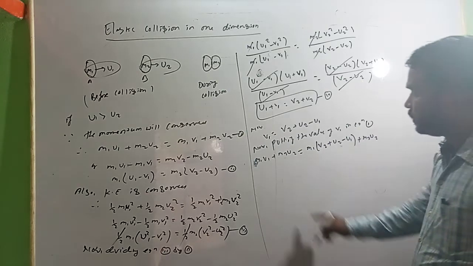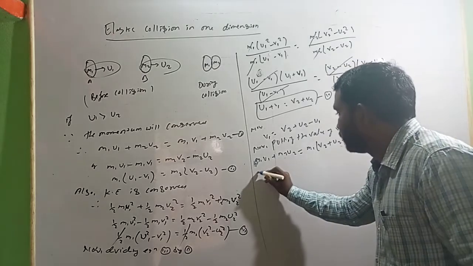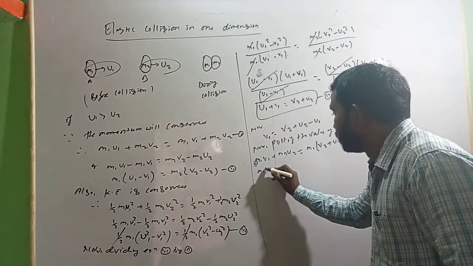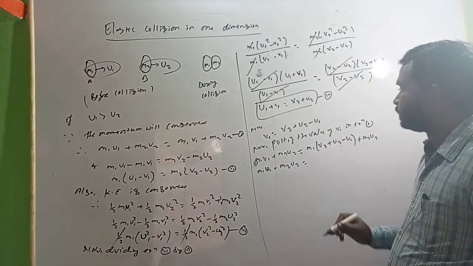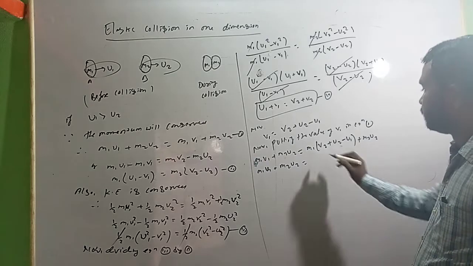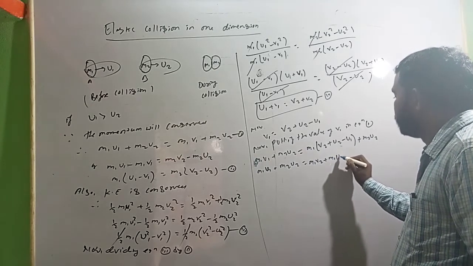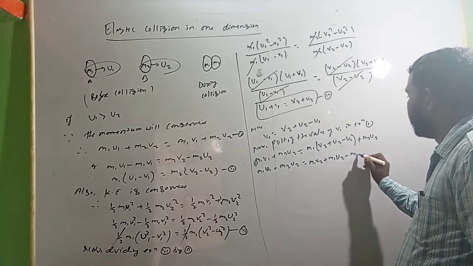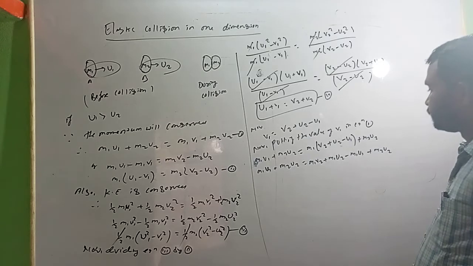So the left side remains the same: m1 u1 plus m2 u2 equal to m1 v2 plus m1 u2 minus m1 u1 plus m2 u2.